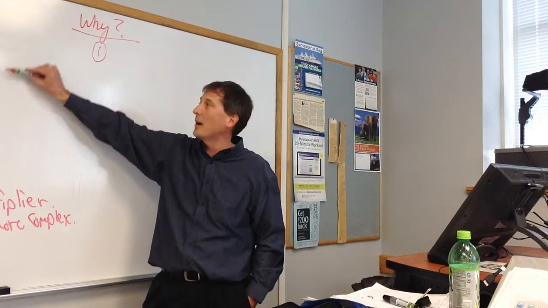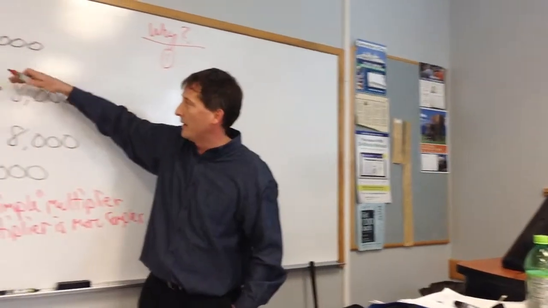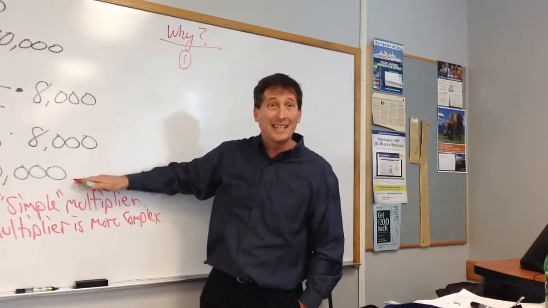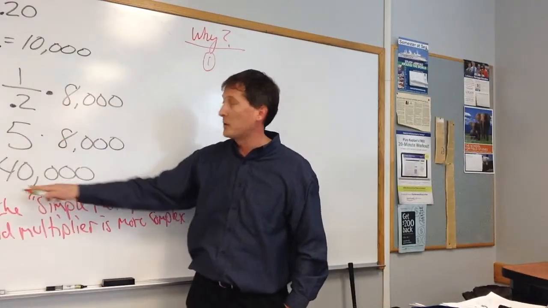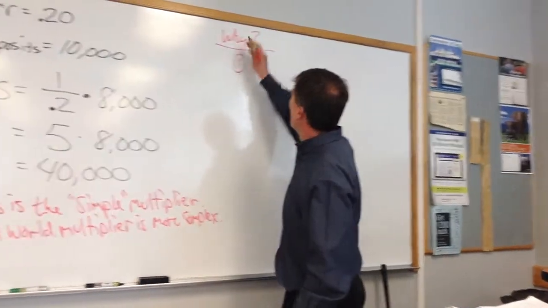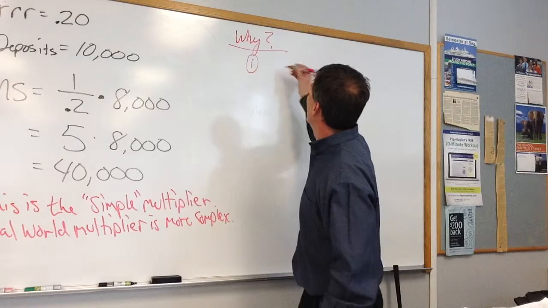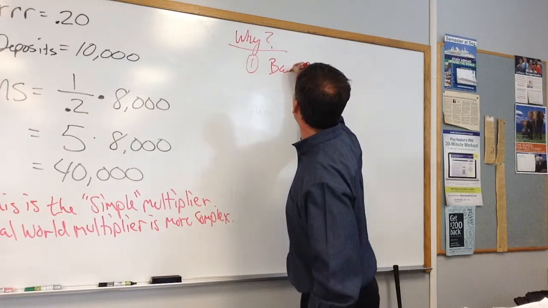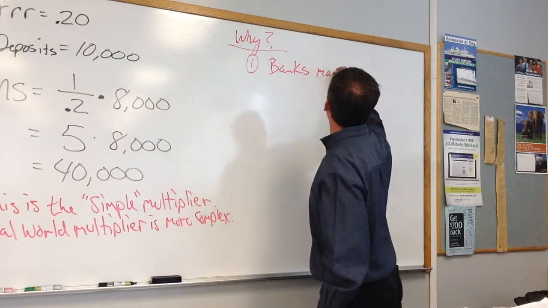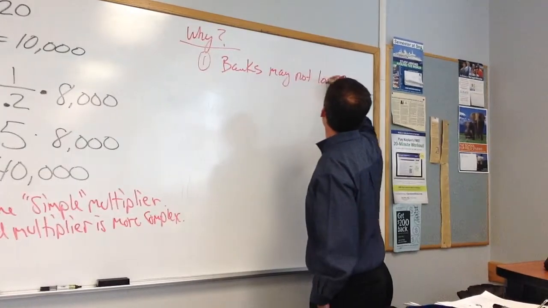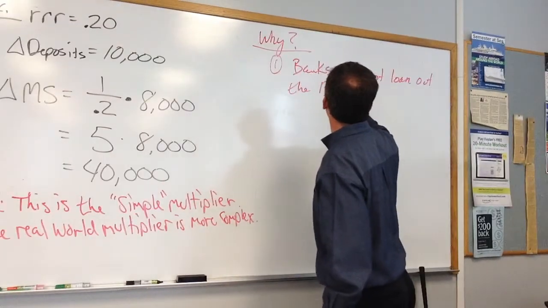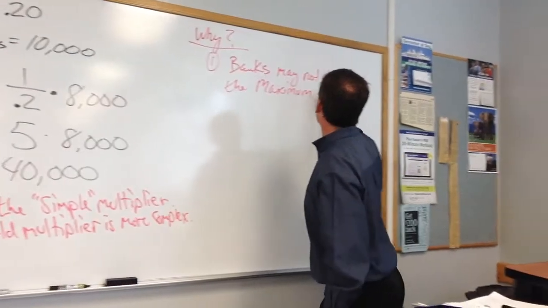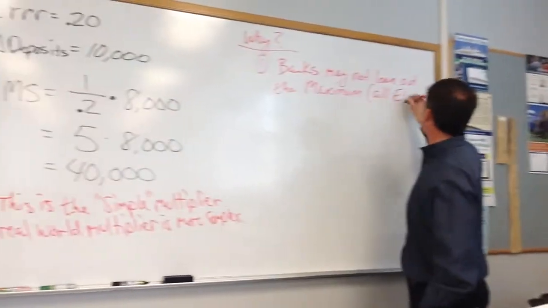So if they loan out less than the max, then this number is not going to get as big as it was. It would go 7,000 times 5, we'd get 35,000. So one reason why that would happen is banks may not loan out the maximum, all excess reserves.